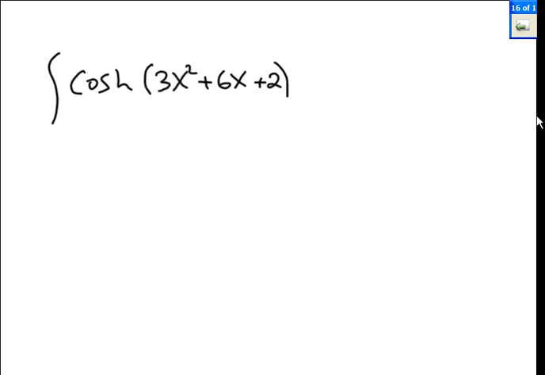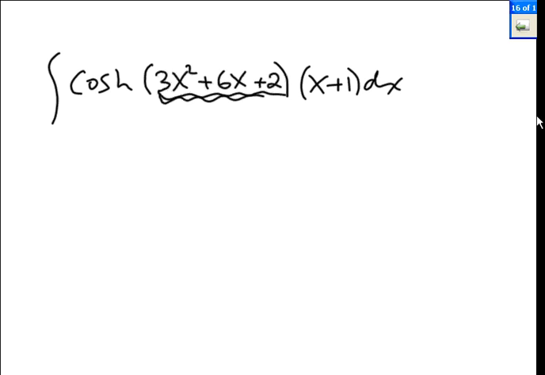If you're asked to find the integral of the cosh of 3x squared plus 6x plus 2, and you have x plus 1 dx, well, you should always let u equal what you're taking the hyperbolic function of, unless this is x or y or z.